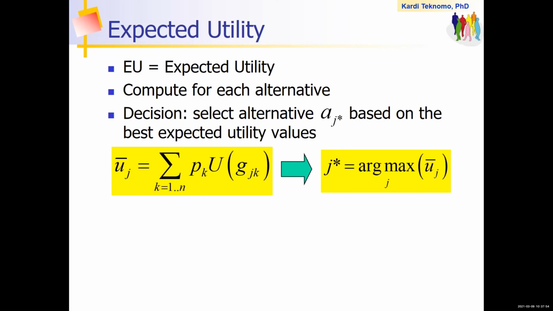Let's assume that it is utility of a gain. Then the weighted average of utility is the one that you use to make the decision. In this case, of course, your decision is based on argmax because it is based on the gain.